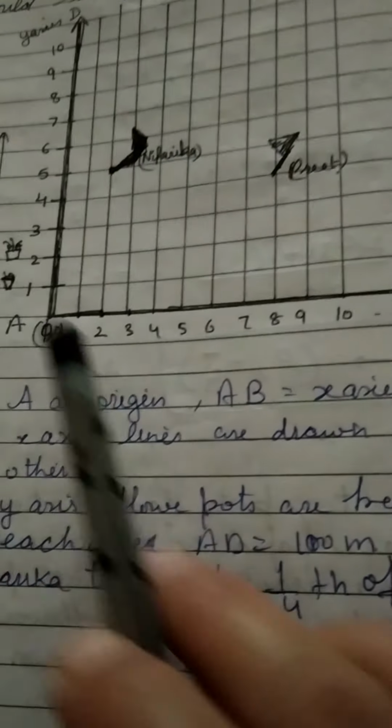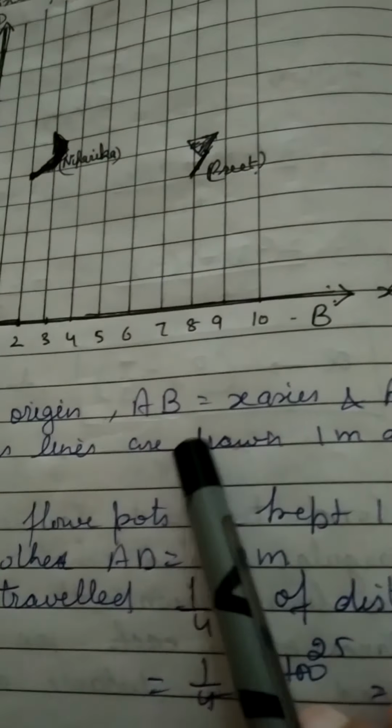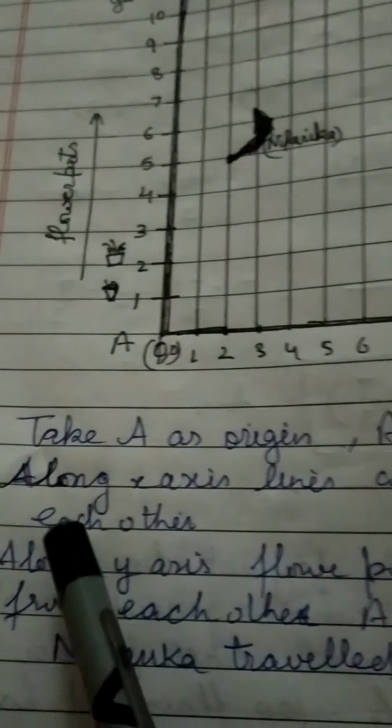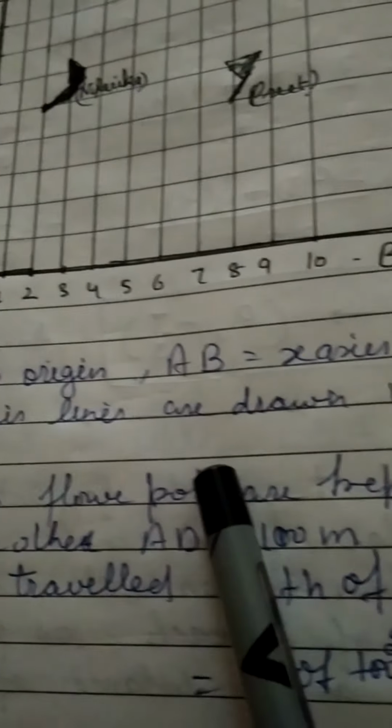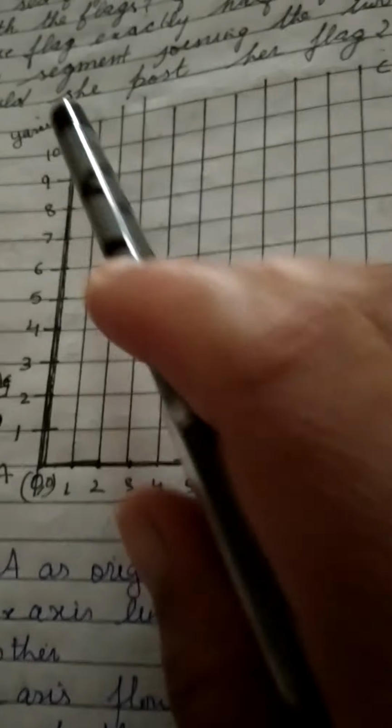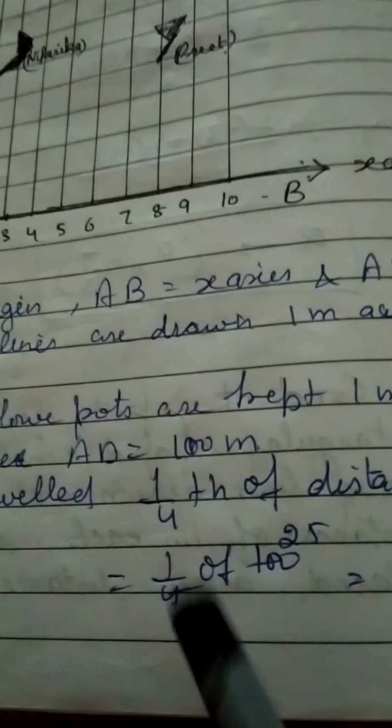Take A as origin. AB is the x-axis, AD is the y-axis. Along the x-axis, lines are drawn 1 meter away from each other with chalk powder. Along the y-axis, flower pots are kept 1 meter away from each other. AD is 100 meter.